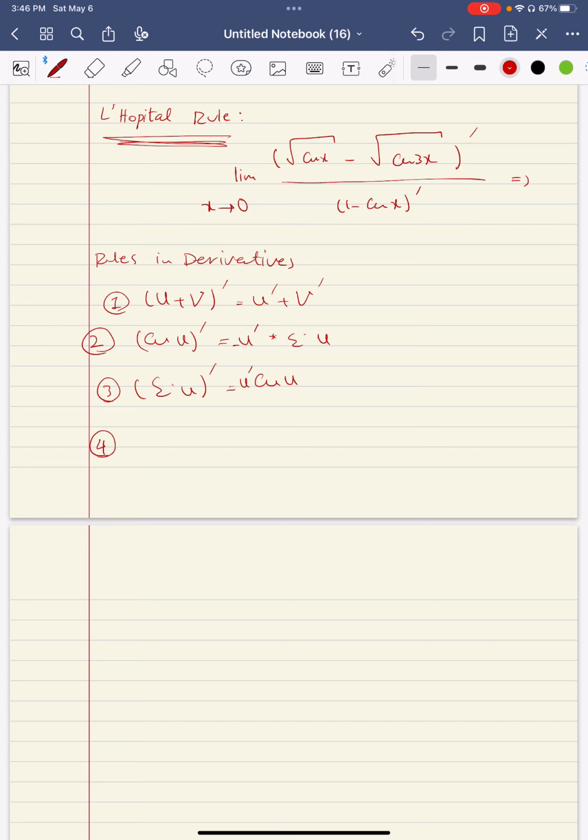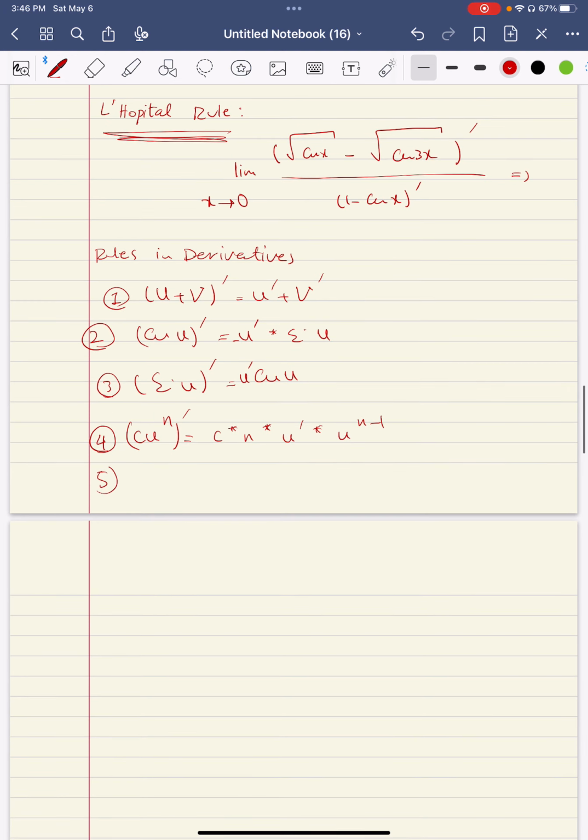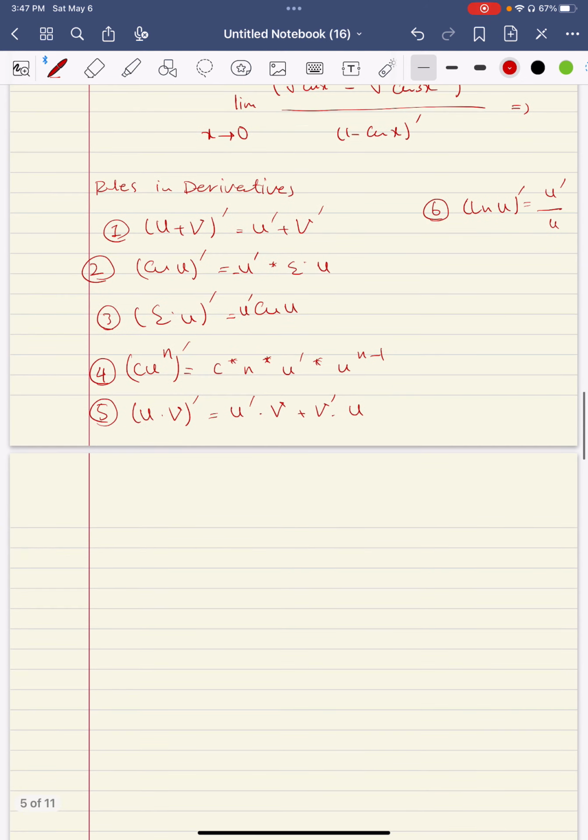And the fourth one is c u to the power of n prime equals c times n times u prime times u to the power of n minus 1. There were two other ones as well. U times v prime is u prime times v plus v prime times u. You have to memorize all of these things for all the derivative questions. This is the last one.